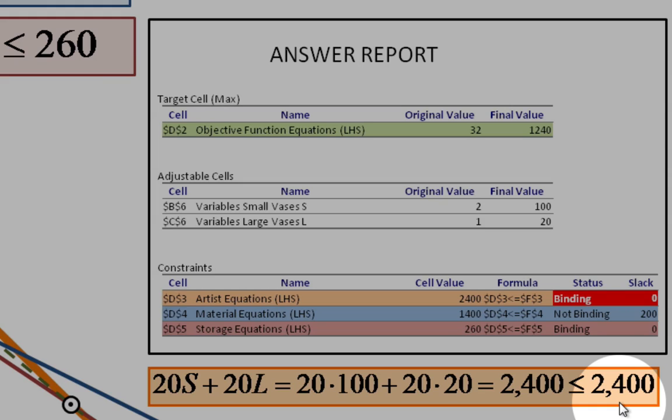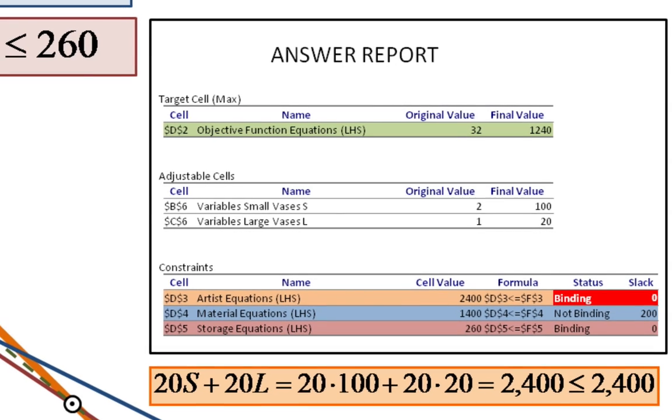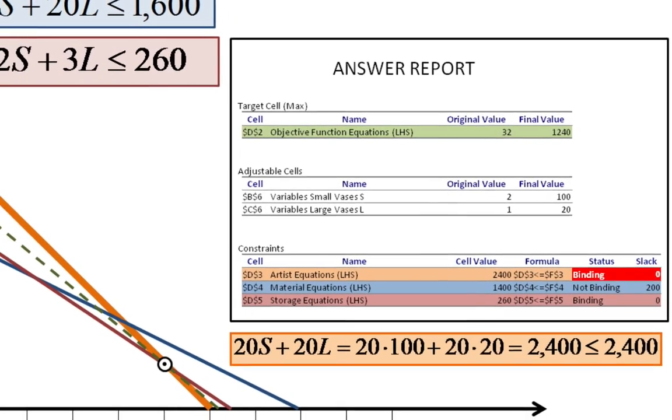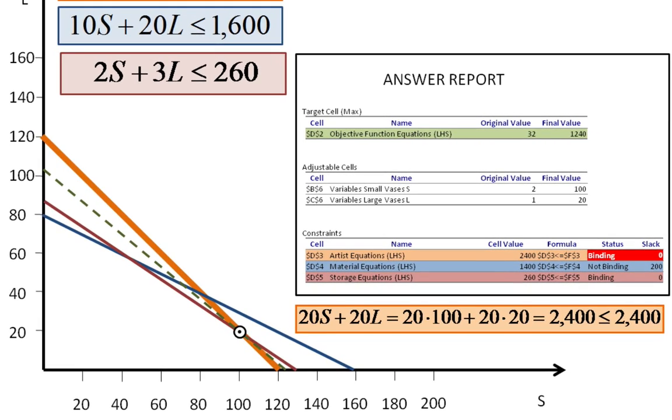So the artist uses up exactly all the 2400 minutes he had available. In the graphical solution, we see that the constraint is binding because it goes right through the optimal solution.